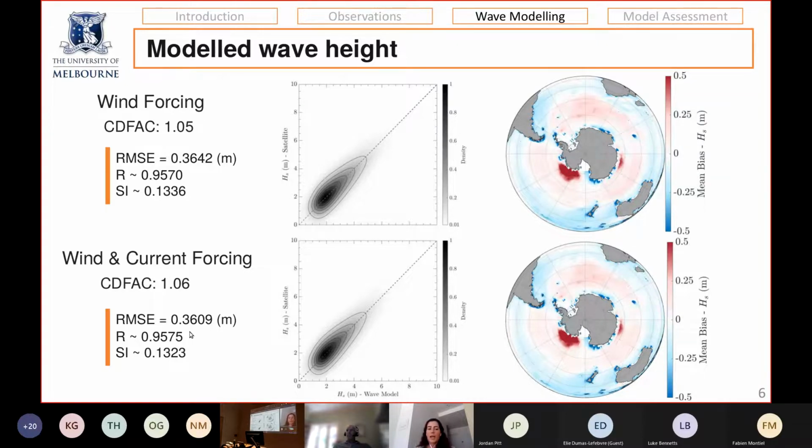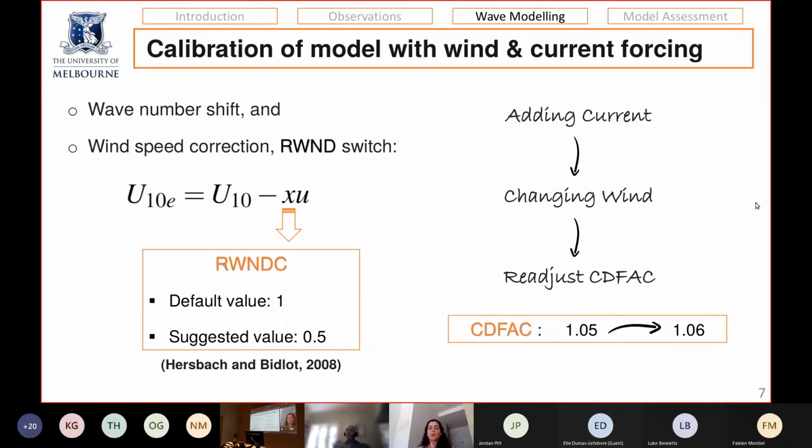And the change in our root mean square error for significant wave height, when comparing when we force the model with wind only and when we force the model with wind and current both, is less than half a centimeter.